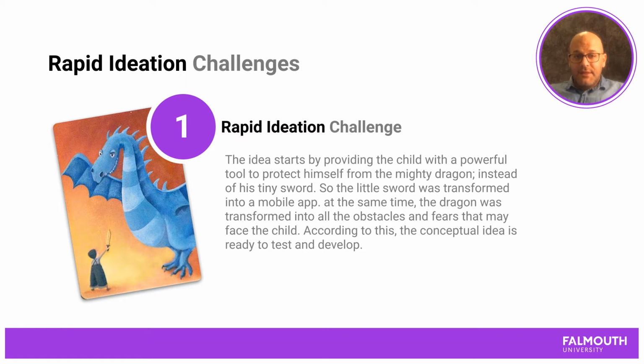Instead of his tiny sword, I transformed this into a mobile app, and the mighty dragon was transformed into all the obstacles and fears that may face the child. According to this, the conceptual idea is now ready to test and develop, and to go further with.